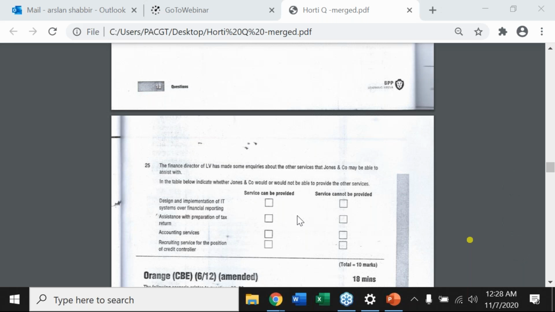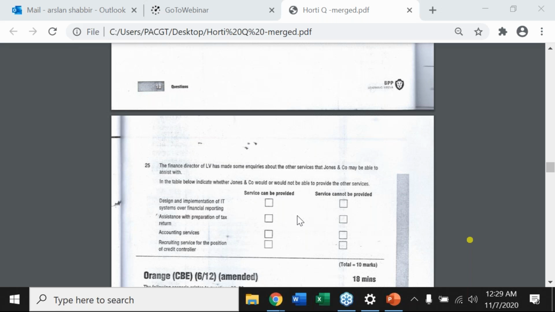It is mentioned in your chapter that the audit firm cannot give those services in which their responsibility would be involved.